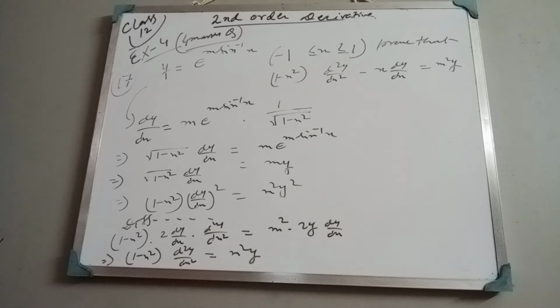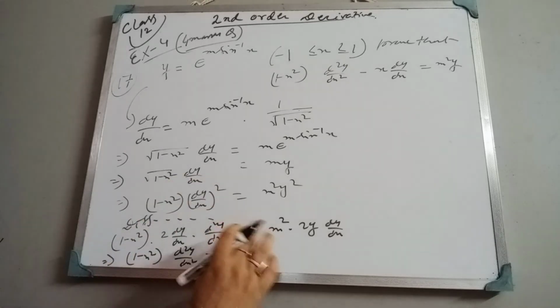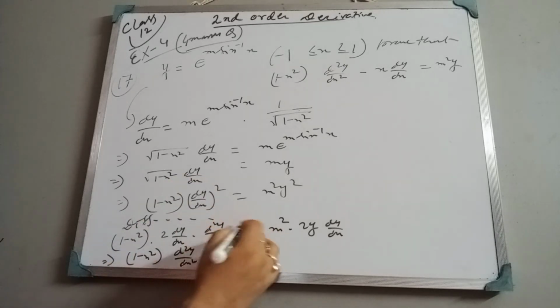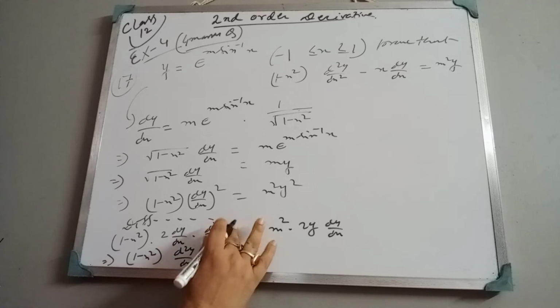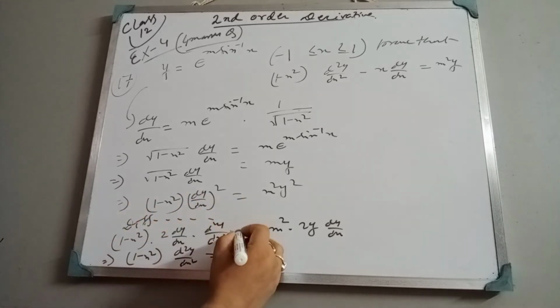No, one term is missing. Why? 1 minus x square 2y dy dx. Oh, plus, this term I have not written. Sorry. 1 minus x square this, then plus dy dx whole square.